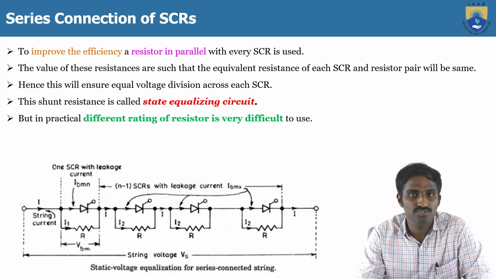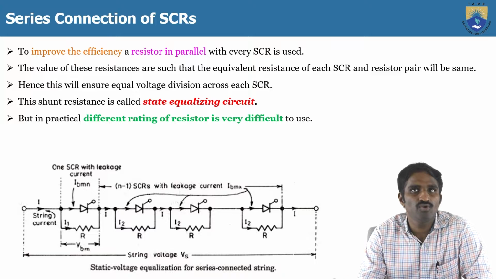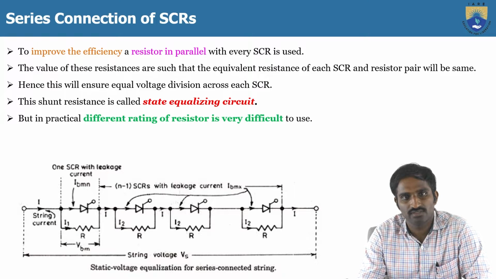We choose the resistors such that the equivalent resistance of each SCR and resistor pair will be the same, so that equal voltage distribution or equal voltage division will happen across each thyristor.